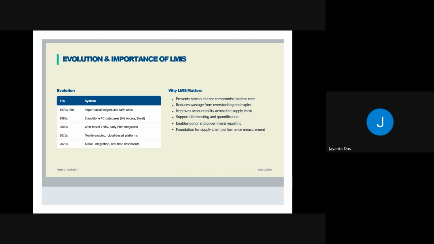And in the 20s, where we are now, it is the decade of AI and Internet of Things integration. Real-time dashboards are there. Nowadays, there is no delay whatsoever. You are generating information, and immediately it can be shared with anybody and everybody.